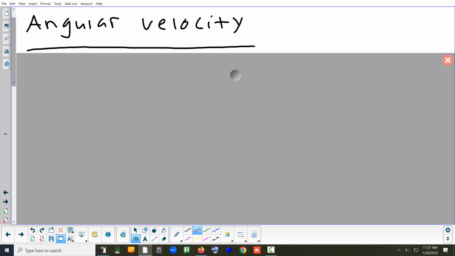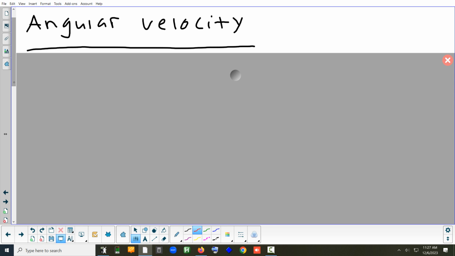For example, some power tools are measured in how many revolutions per minute they make. One of them I can think of is like a Dremel. It's like a drill kind of, but it spins faster. They're normally used for finishing work. They're also called rotary tools. So it spins at maybe 10,000 RPMs.